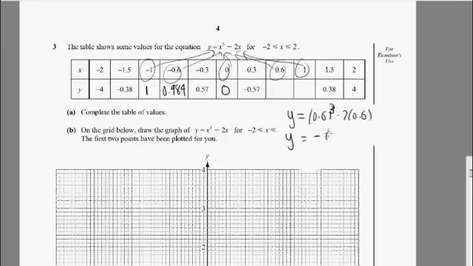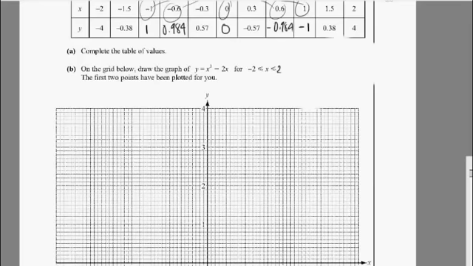And here we have negative 0.984. Y is equal to 1. So here we have then negative 1. So now we've completed the table of values for part A.